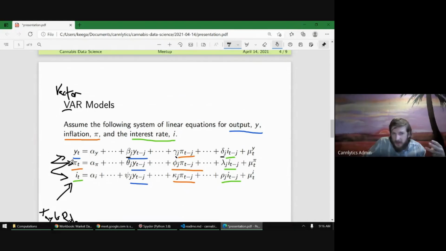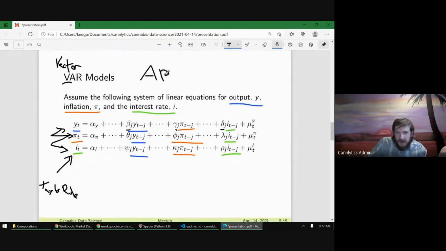So if you wanted to do an AR6, you're going to have 6 parameters times 3 equations, plus you're going to have the constants.